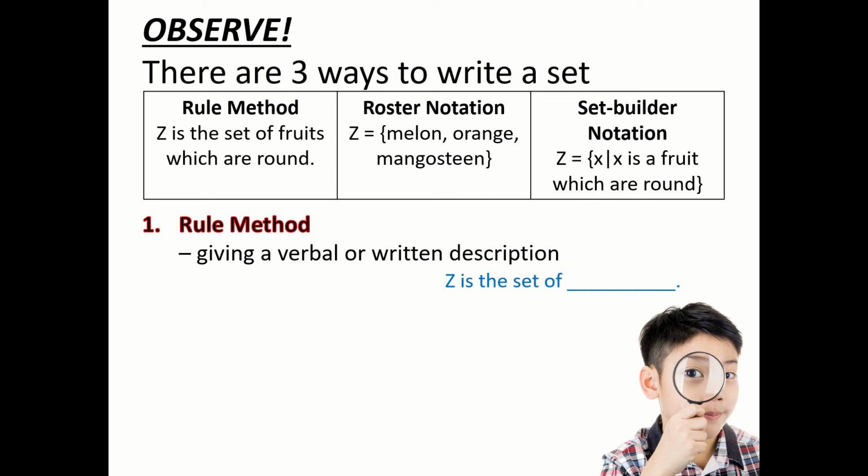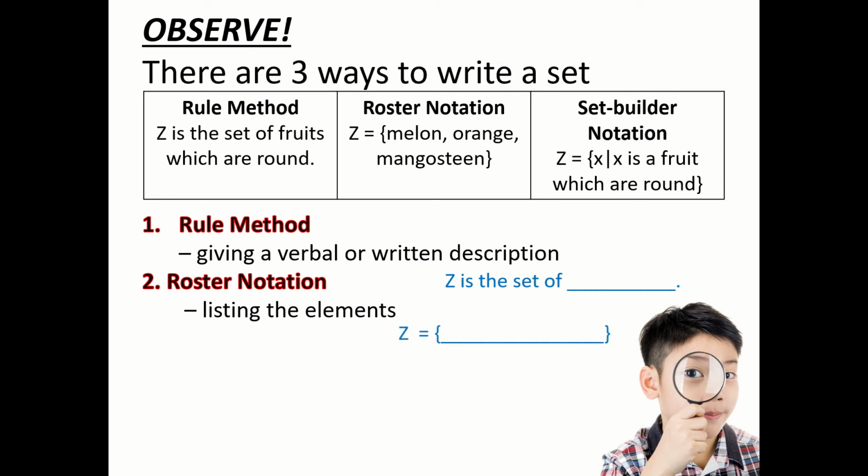Now, from rule method, we can write it in roster notation. When we change it to roster notation, we need to list down the elements, or we call them members. So, what are the fruits which are round? You have melon, orange, and mangosteen. So the format would be Z, because that's the name of the set again.